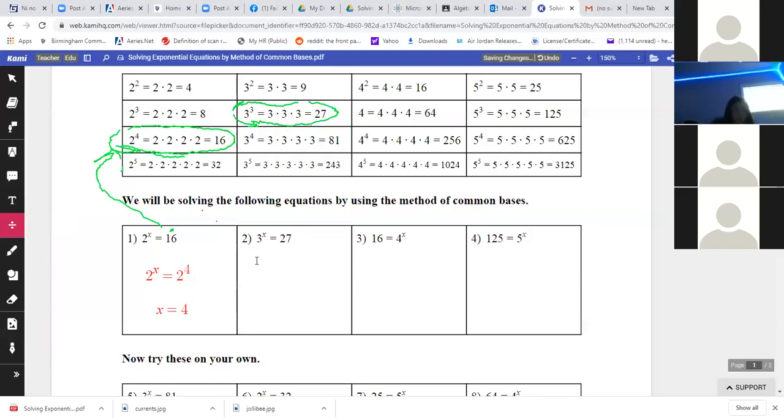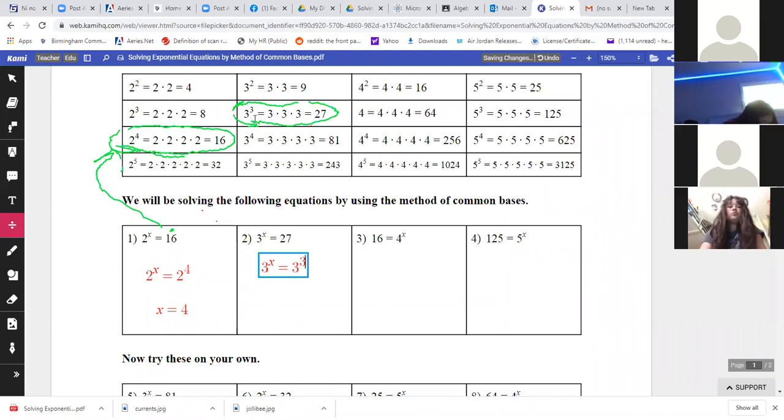And obviously I'm going to use a base of 3. So 3 to the x is equal to 3 to the 3rd because 27 is 3 to the 3rd. And then I get my answer here as x is equal to 3.